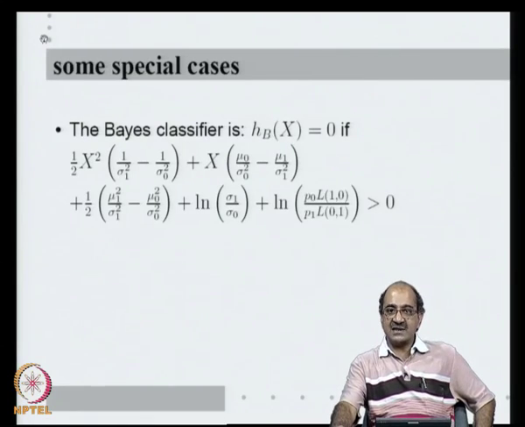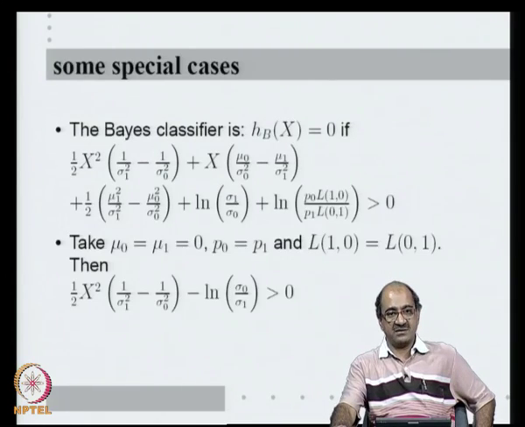Once again, this is my general classifier. Now, instead of assuming that the variances are the same, let us assume the means are the same and the variances are different, right. Let us assume mu 0 is equal to mu 1 equal to 0, once again equal priors and 0-1 loss function. Now, what happens is the linear term drops out, only the quadratic term is left, right.